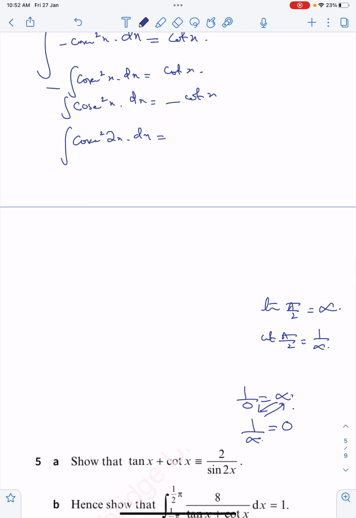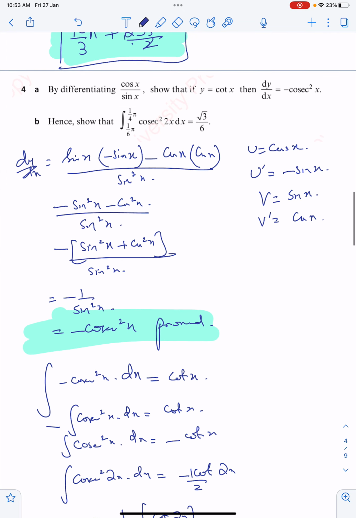This will become integration of cot of 2x divided by 2. Whenever you integrate something, if it's a 2, then you have to divide by 2 as well. So you have to apply the boundaries on minus half, I'm keeping it outside, cot of 2x, with the boundaries of pi by 4 and pi by 6.